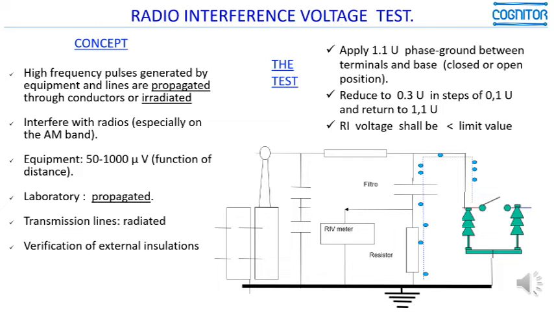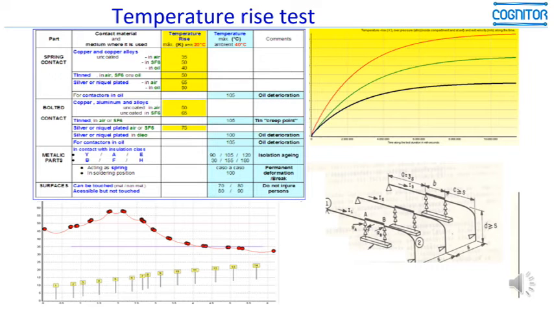We arrive to the temperature rise test, which in my point of view is one of the most important requirements of most of the equipment within one substation, because in a certain way it is very determinant for the design of the equipment.